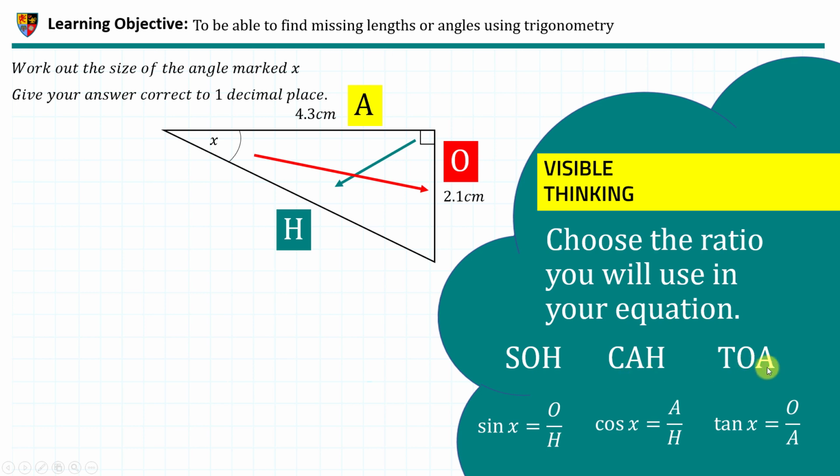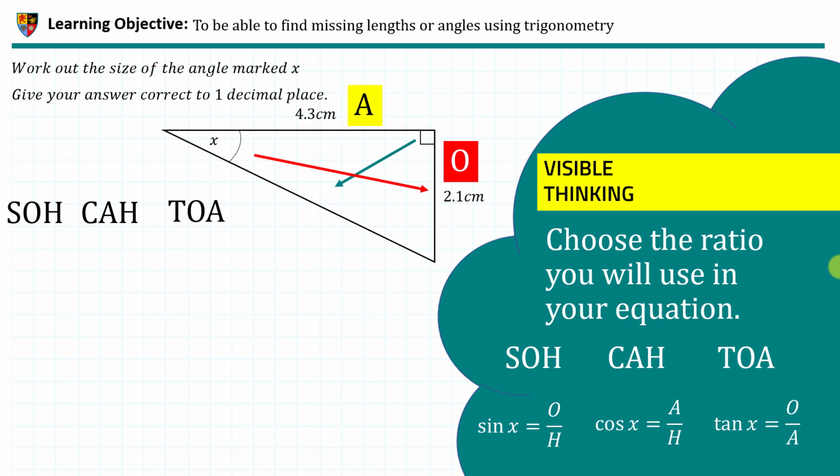SOHCAHTOA. You get a question, you label your sides, you write down SOHCAHTOA. That's what you need to do. And then you think about what information you have and which ratio you can use. In this case, you had no information about a hypotenuse, so that disappears.